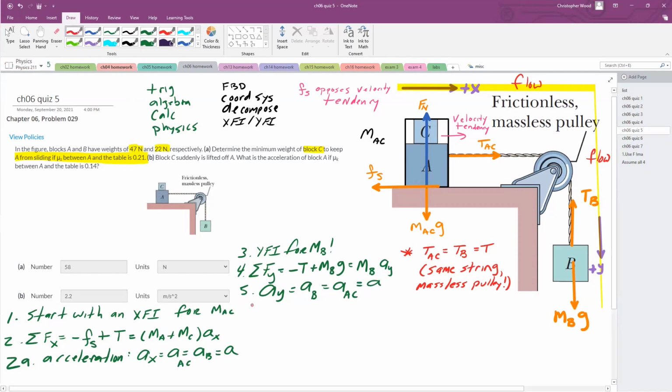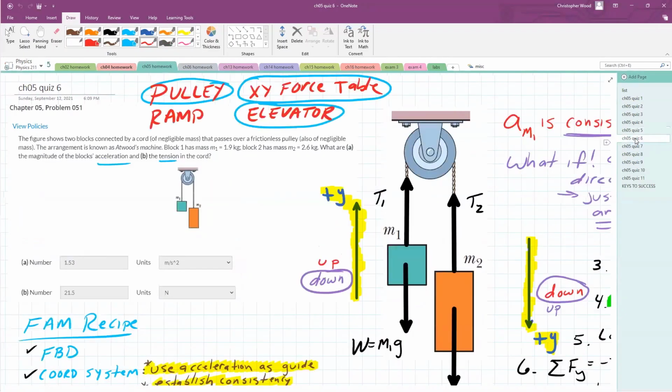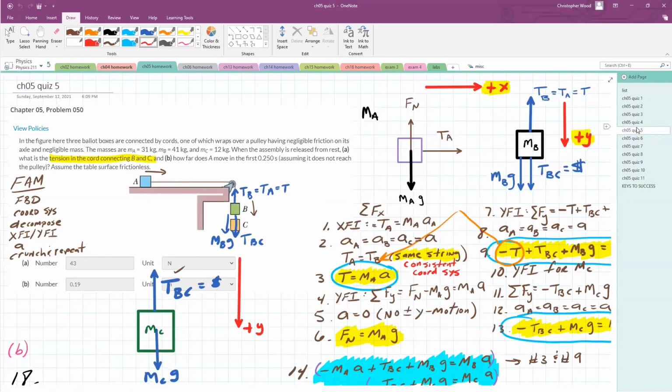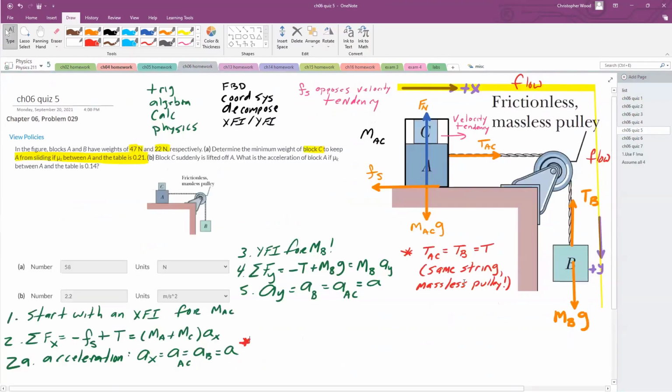And why is this? It's important to note that this is because... where am I? I'm in the wrong chapter. There. Why is that acceleration statement true?